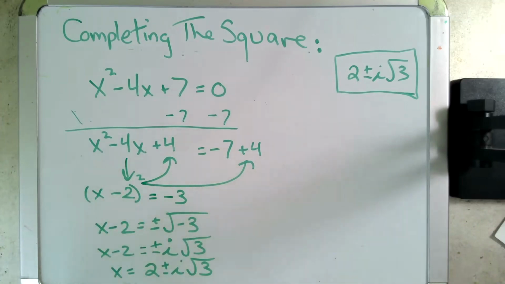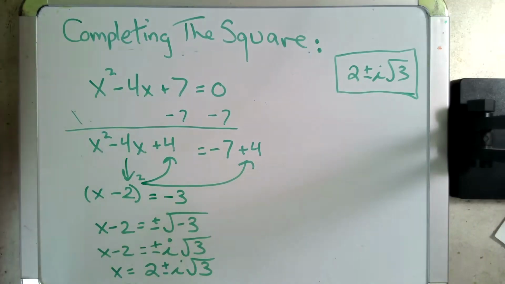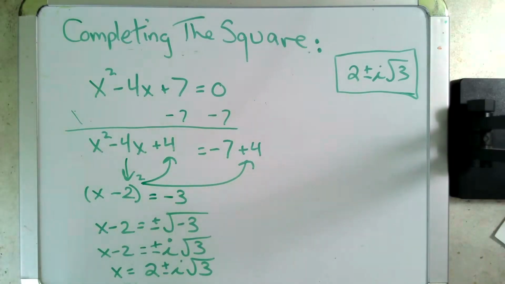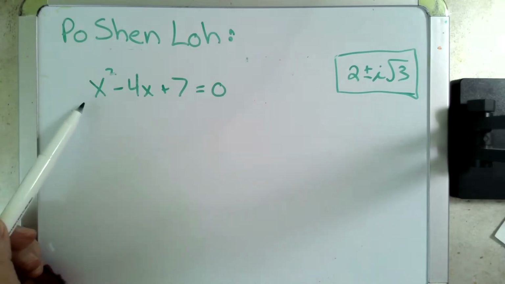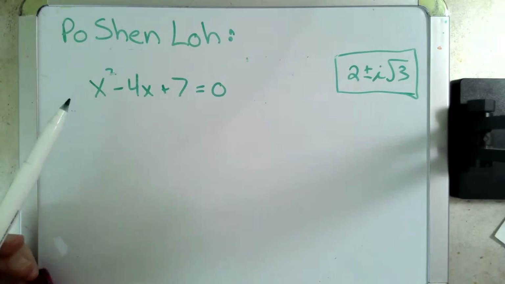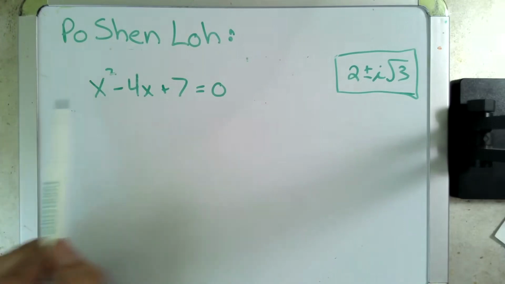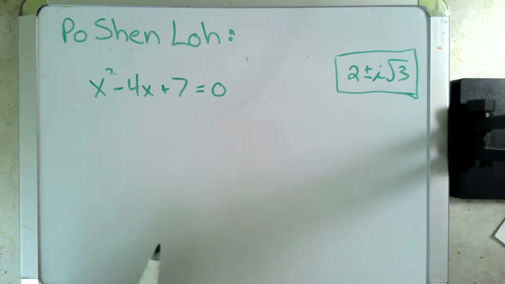Okay, now let's take a look at the Po Shen Loh method of solving quadratic equations. The Po Shen Loh method also works from the starting point of your a coefficient being 1. So if you had a coefficient, you would want to divide it through all the terms.